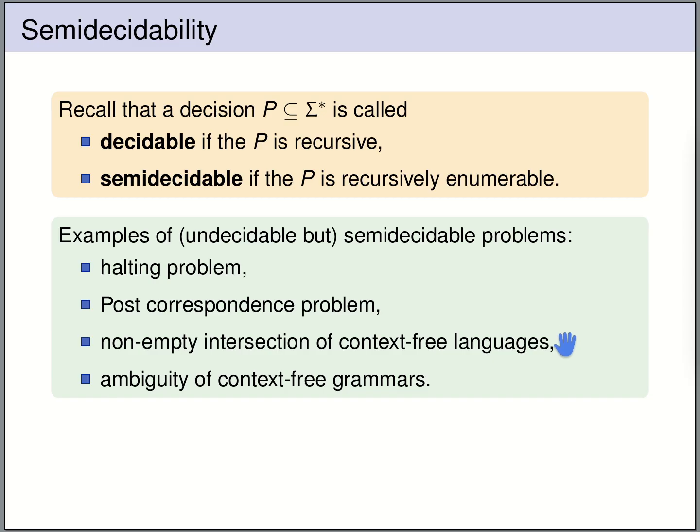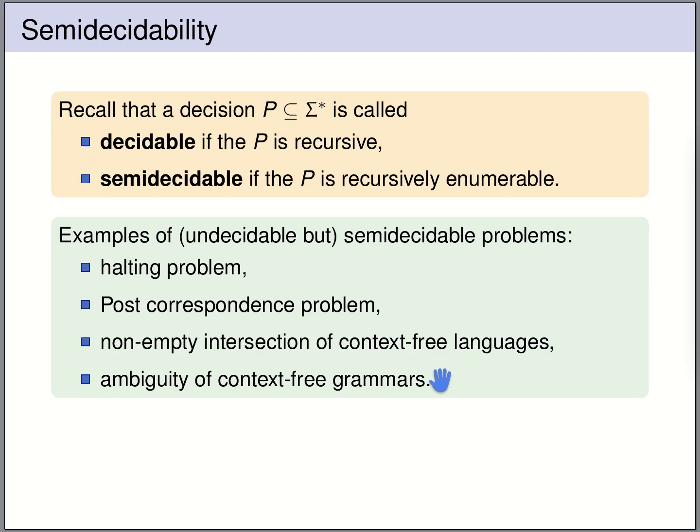Likewise, for the non-emptiness of the intersection of context-free languages, we can write a program that takes two context-free grammars and simply generates all possible words that can be generated by the grammars. If we find some word that is generated by both grammars, then we stop and say yes, the intersection is non-empty. But if the intersection is empty, then our program will search forever.